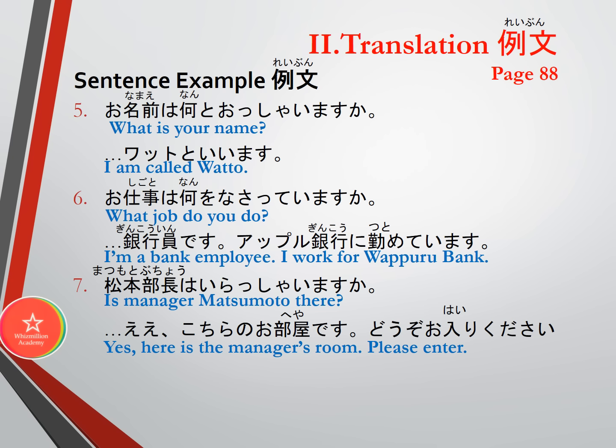And the person who is replying is also lower in status than Matsumoto-san, so the person who is replying also uses sonkeigo and teinei. As you can see, the polite form of heya is oheya, and ohairi kudasai is the polite form of asking someone to do something.